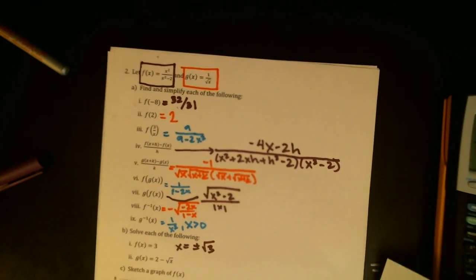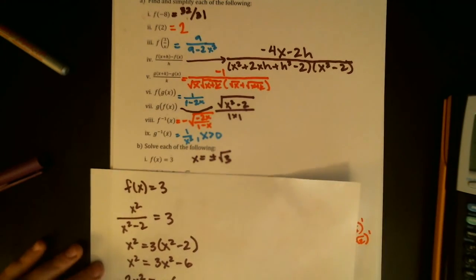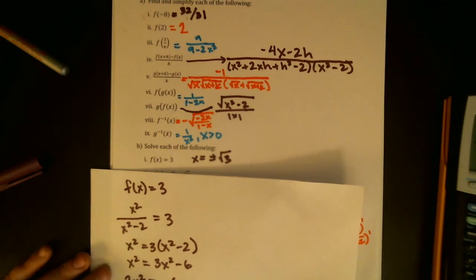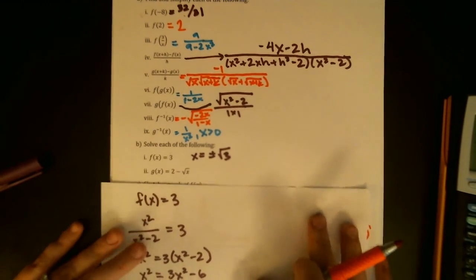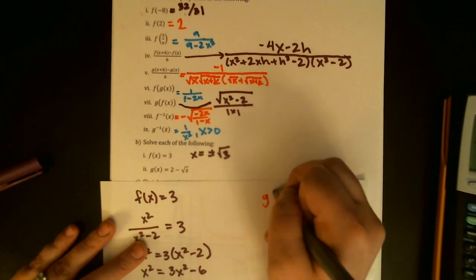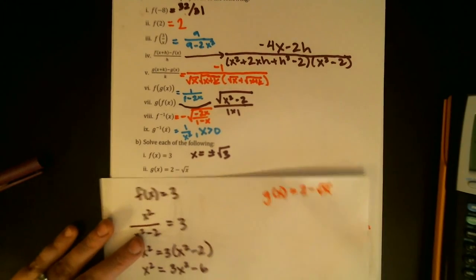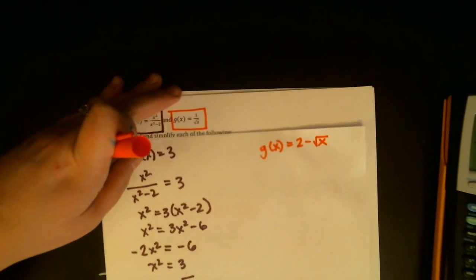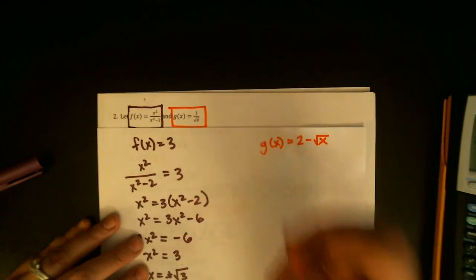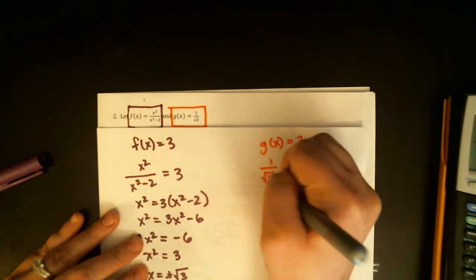And then very last one, pick a different color so you can tell, is we want to solve g of x equals 2 minus the square root of x. So our g of x right here is 1 over root x.